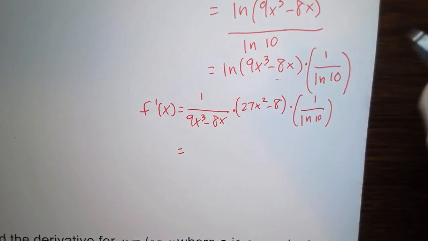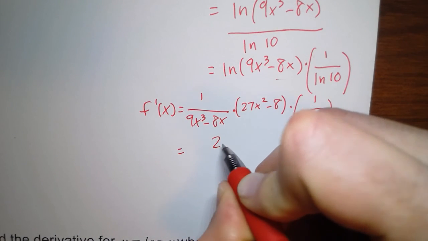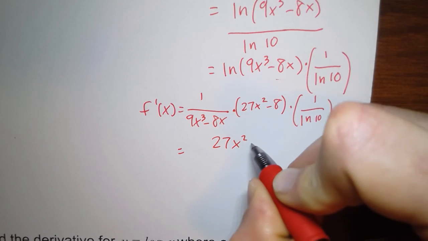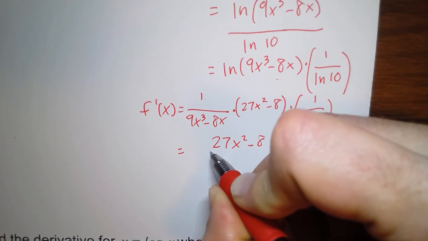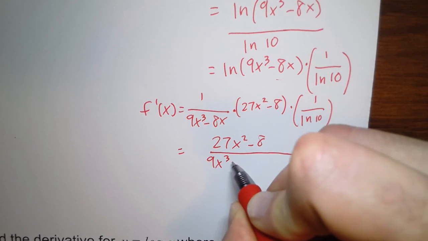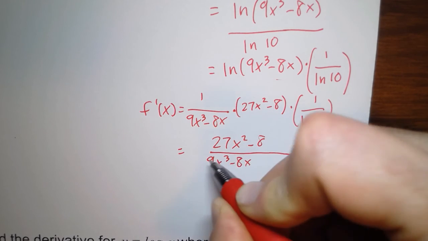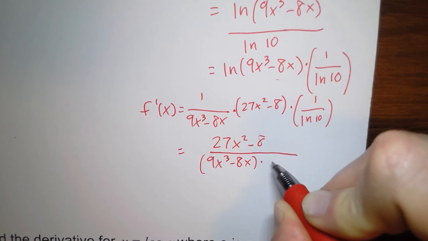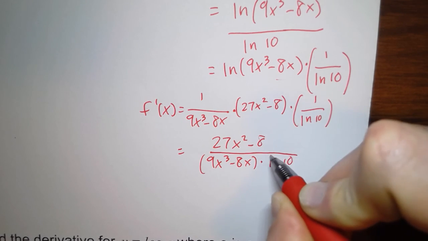So when we put all of this together, we have 27x squared minus 8 on top. On the bottom, we have 9x cubed minus 8x times ln of 10.